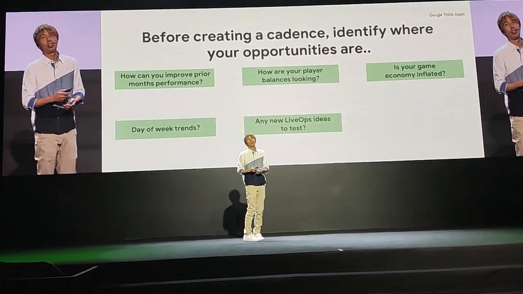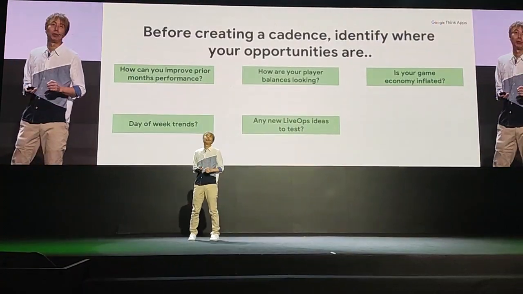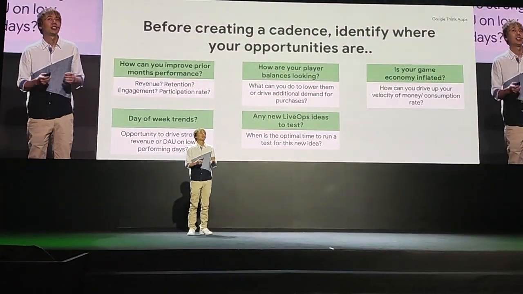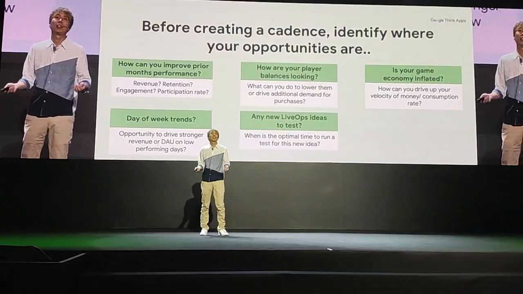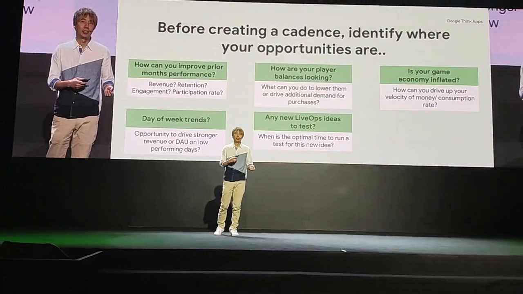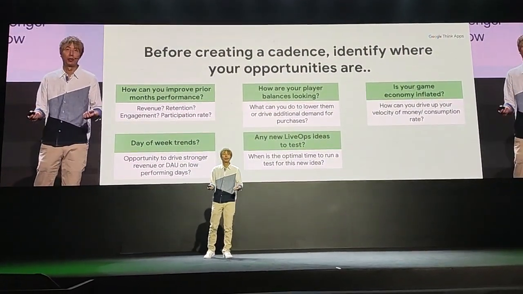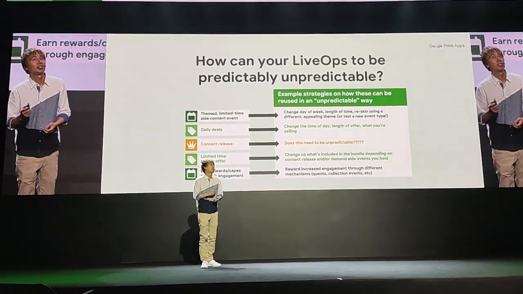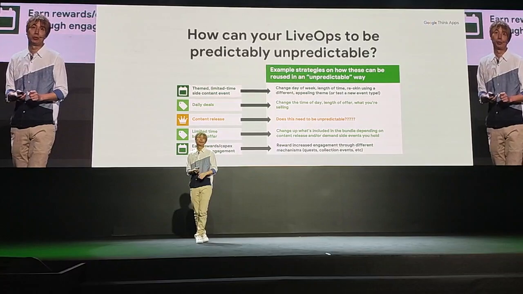Now, while this is common up front, it's very important for you and your team to identify where your opportunities are. These are just some questions that you can discuss as a team to help prioritize what your goals are, the audiences you're targeting, who you are targeting, and what kind of KPIs you want to improve. And here are some strategies to think about how to make your live ops predictably unpredictable.